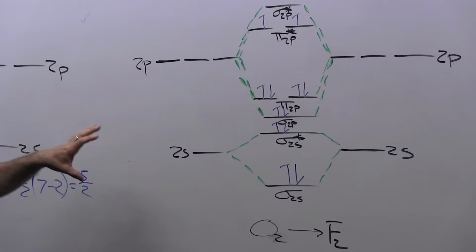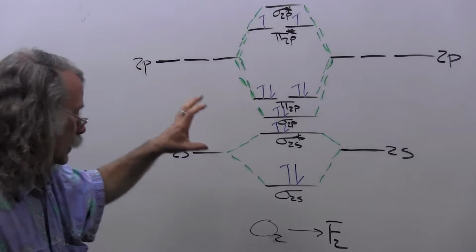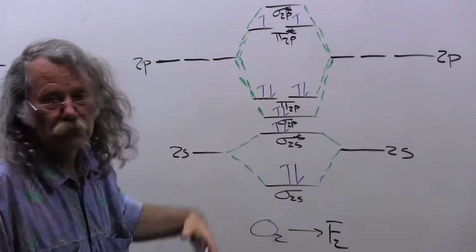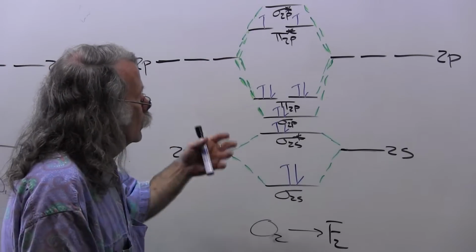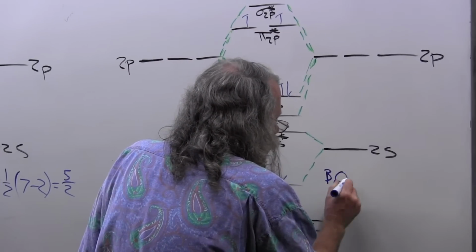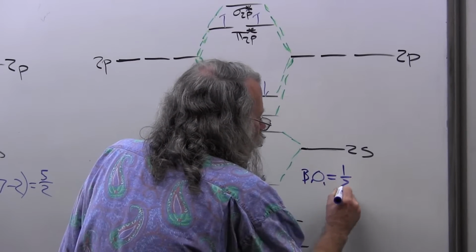So if I were to remove an electron from oxygen, as may happen on the test, because we're going to have this type of question, but I'm not going to say it's going to be nitrogen in this case that's ionized. It could be oxygen. And if that were so, well, first of all, the bond order for O2 is equal to 1/2.